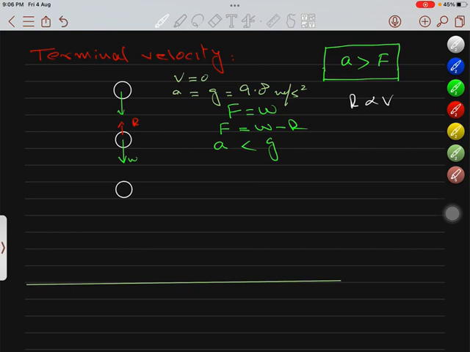So let's suppose, let me name this position number 1, position 2, position number 3. Position number 3 is the position where resistance increases so much that it becomes equal to the weight. Now what happens when resistance and weight are both equal? Weight is acting downward and resistance is acting upward.